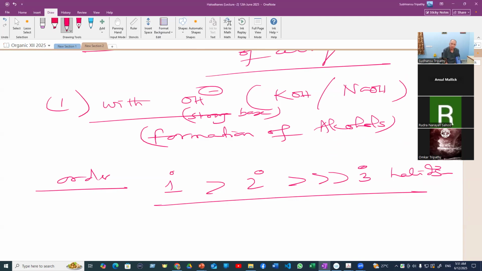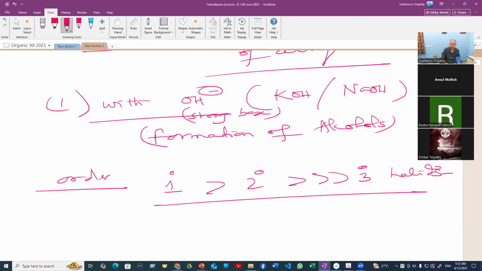For 2 degree, the major product will be, no doubt, elimination. We'll be making an extensive distinction between elimination and substitution, which you'll be using in the advanced stage.